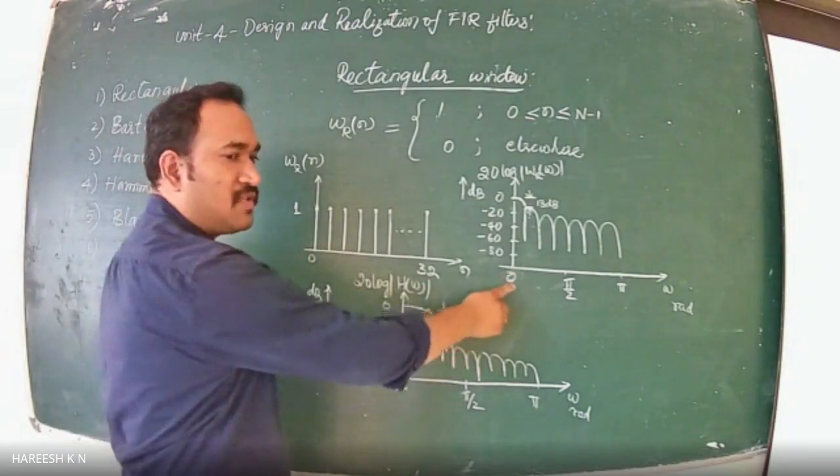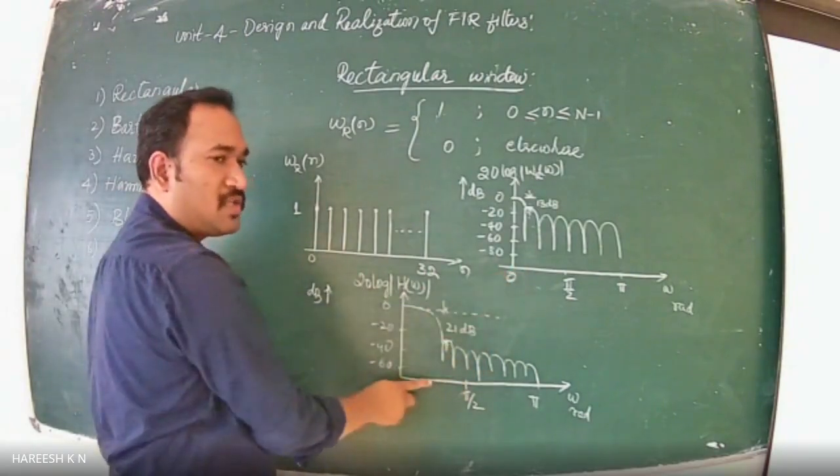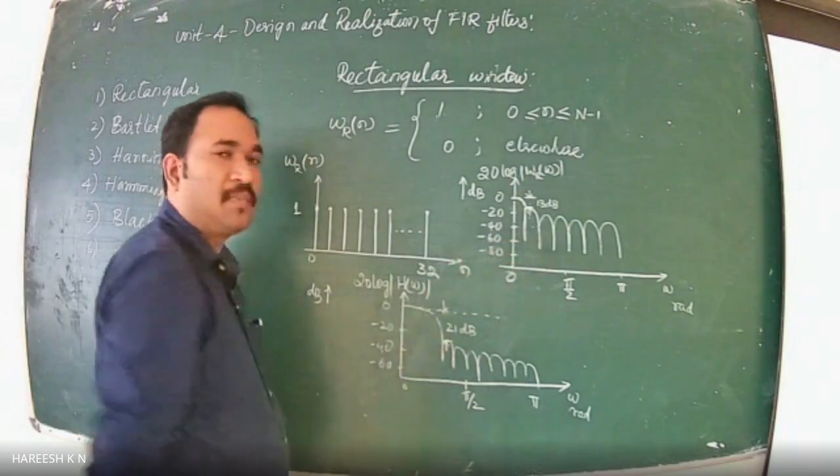This is the magnitude frequency response of a window, and the magnitude frequency response of a filter designed using that particular rectangular window.